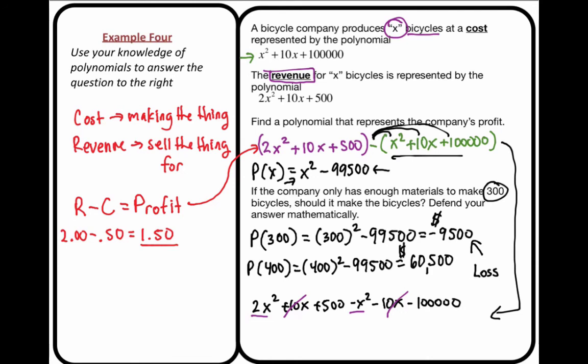Okay, so we would just have to balance being able to have the materials on hand to make those, and this is going to be a gain here of that much. And so there's going to be a threshold in which we have to be able to make enough bikes to offset the cost with the revenue to make some profit.